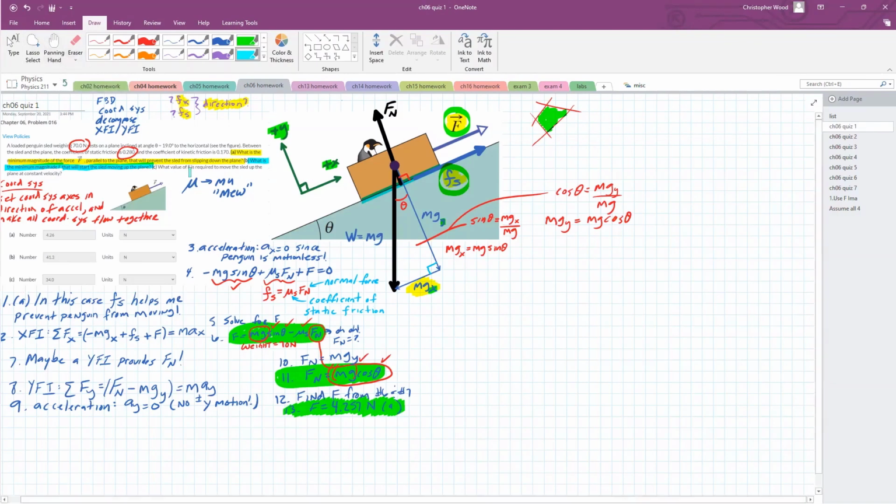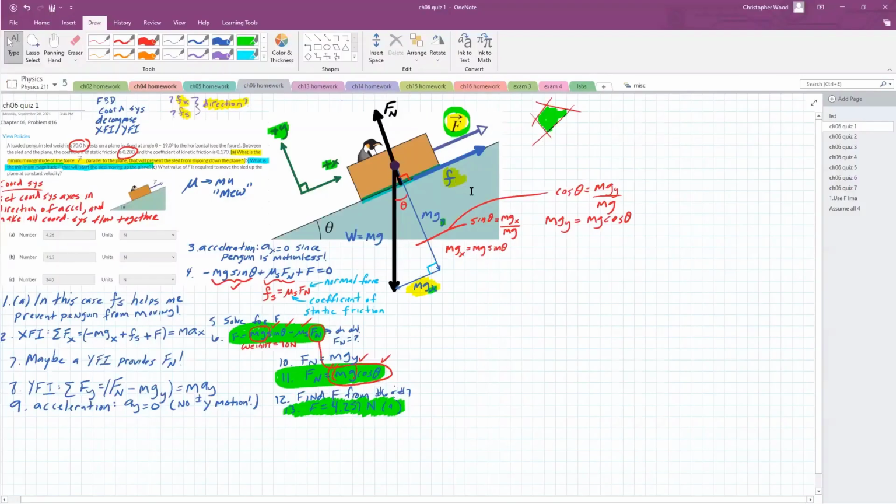Because now instead of finding the minimum F that prevents the sled from slipping down the plane, now the challenge is finding the minimum F that just barely starts the sled moving up the plane. So we're looking again for this breakthrough, this sort of break even F. So let me get rid of some stuff here because we can reuse.